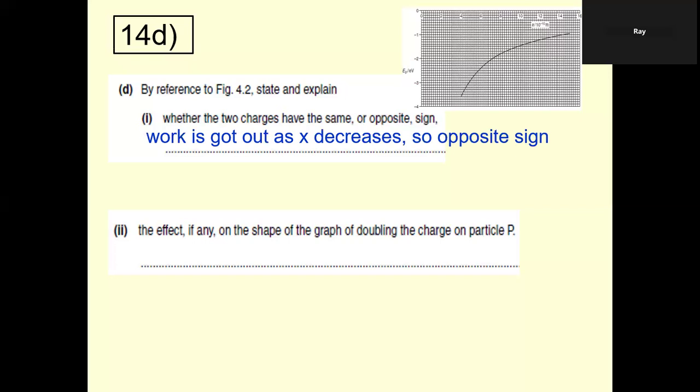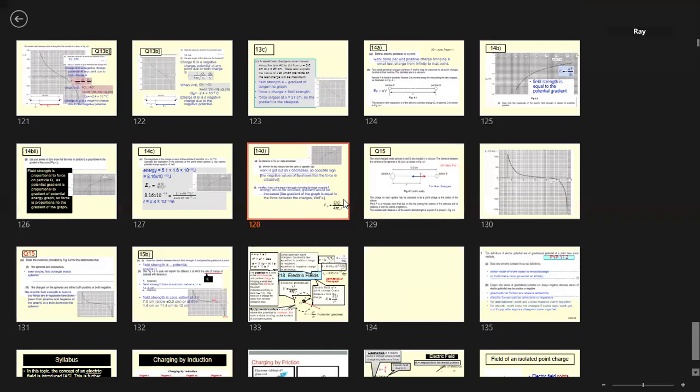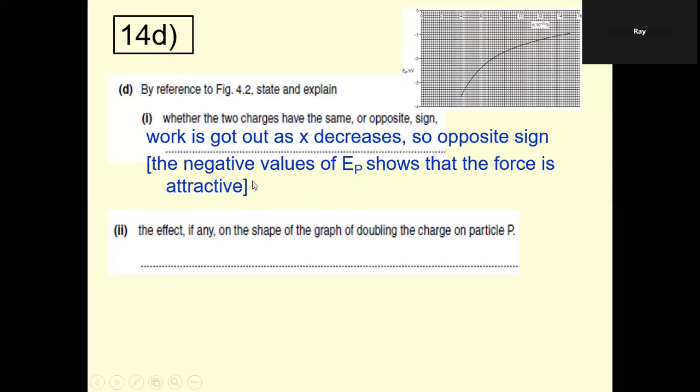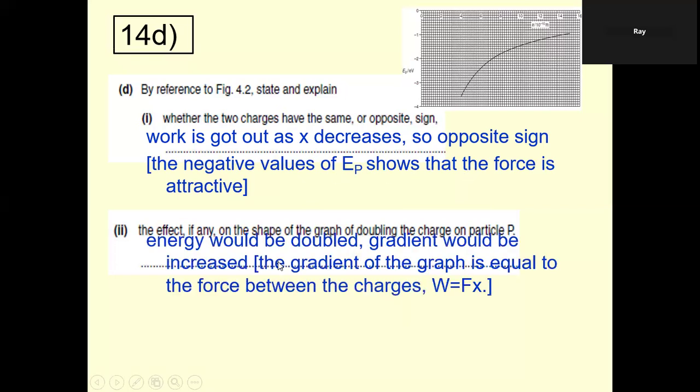State the effect, if any, on the shape of the graph of doubling the charge on particle P. Play with the formula only. Increase. Energy, that's the formula.